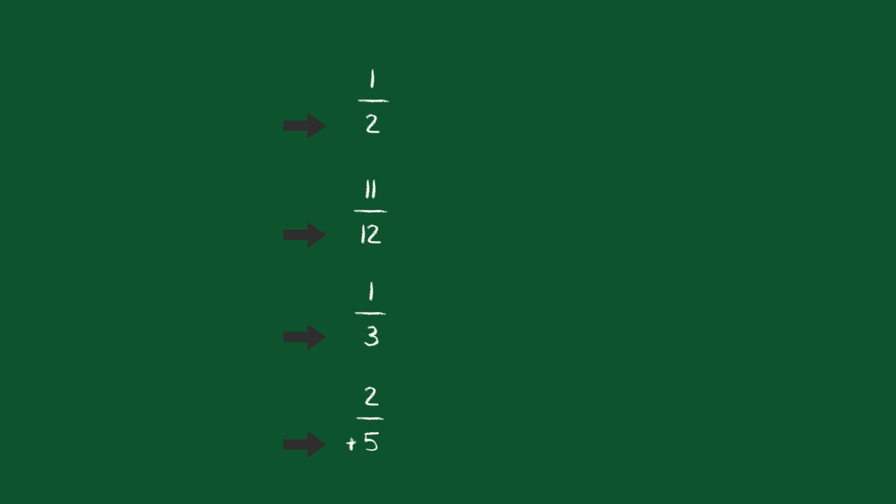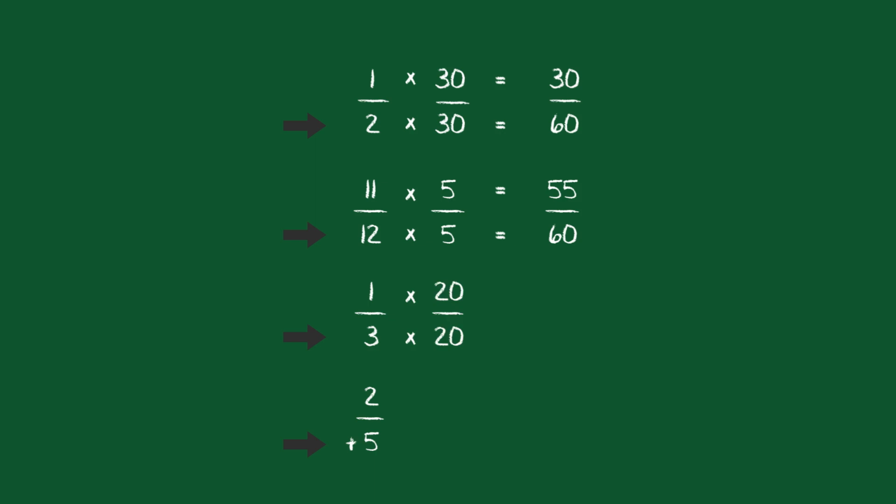Let's try it. 2 times 30 was 60, so 1 times 30 was 30. 12 times 5 was 60, so 11 times 5 was 55. 3 times 20 is 60, so 1 times 20 is 20. 5 times 12 was 60, so 2 times 12 was 24.